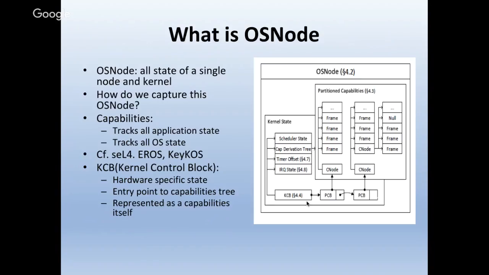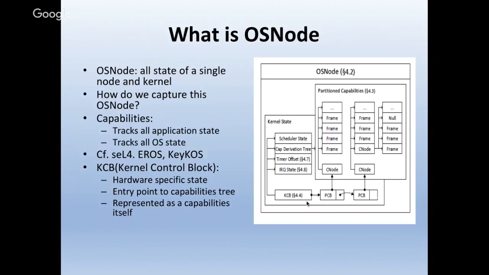And we should pay attention: what is the OS node, and how do we capture this OS node? This is typically not clear in an OS. Per-core state is not explicitly defined and typically consists of many different data structures.